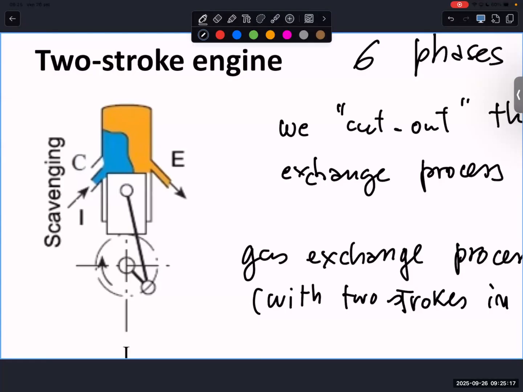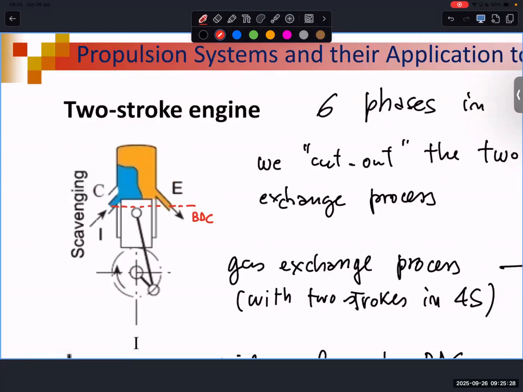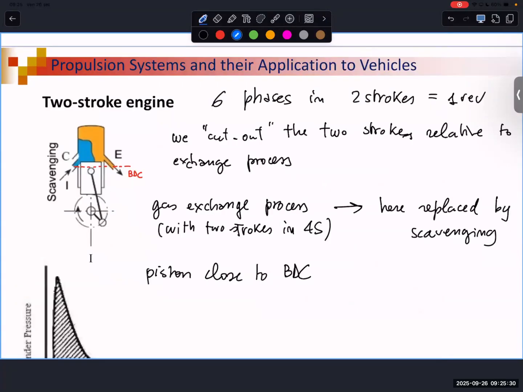So this is BDC. We have that the fresh charge is entering. So this is fresh charge. Here we have the exhaust gas of the previous cycle.